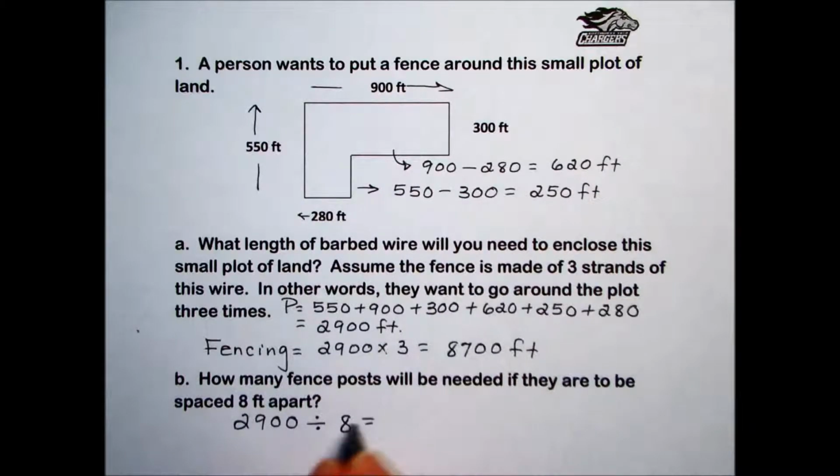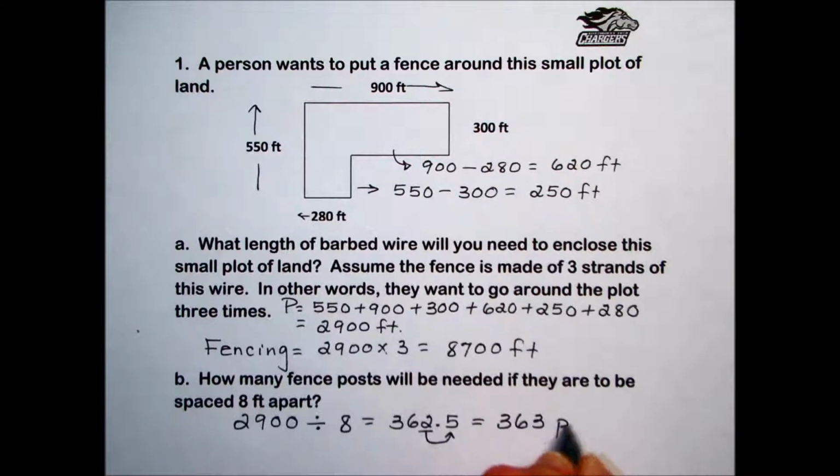When you do the division, you end up with 362.5. Since they're posts, we need a whole number, and rounding this to the nearest whole number, the 5 in the tenths is enough that we will need 363 posts for this fencing of the field.